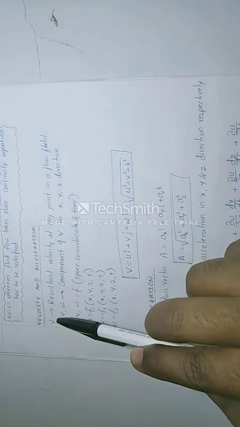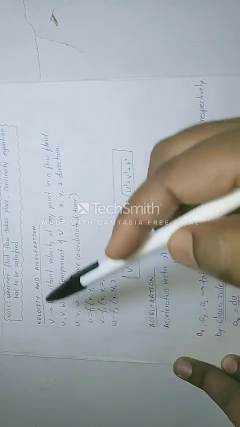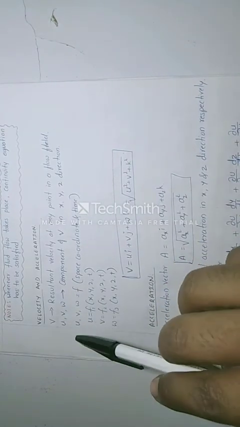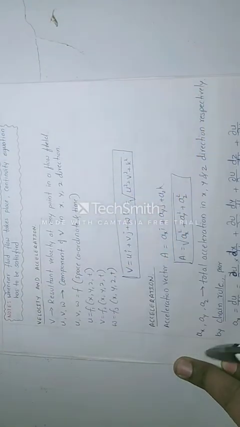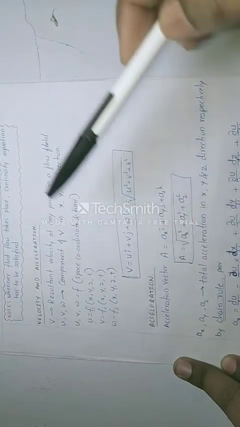In this topic, velocity and acceleration, we consider V as the resultant velocity at any point in the fluid flow, and its components along the x, y and z directions we take as u, v, w. These u, v, w are functions of space coordinates and time, as we discussed in the beginning. Whatever we are discussing is with respect to the Eulerian approach.